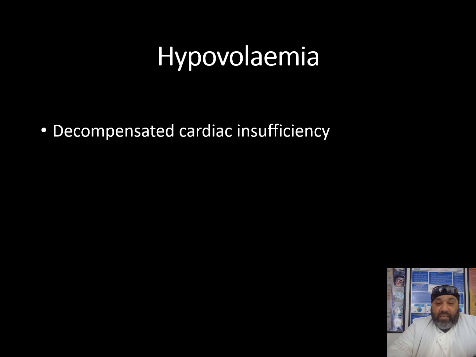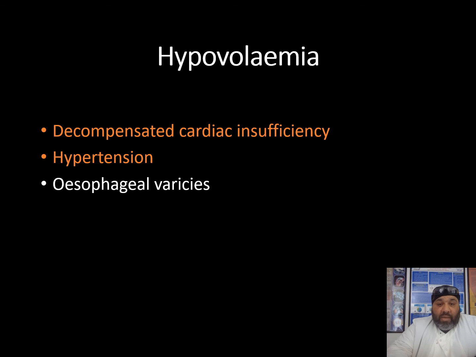So basically they could have decompensated cardiac insufficiency, they can have high blood pressure, they can have esophageal varices, basically where there are openings that normally wouldn't be within the stomach, for example.